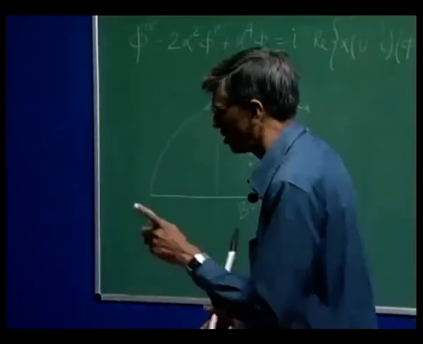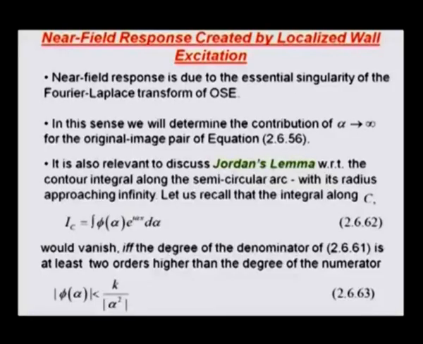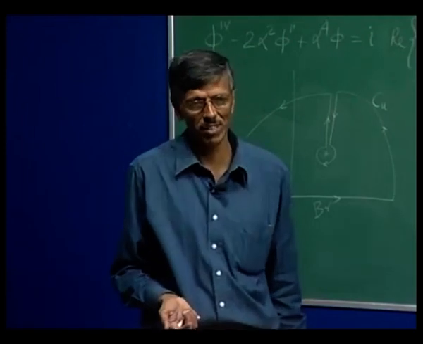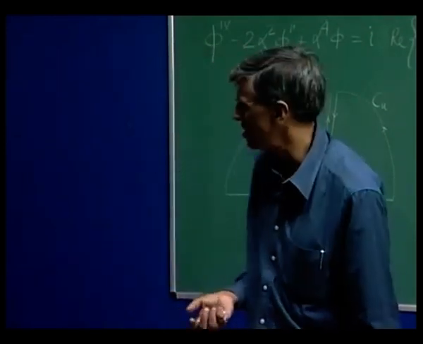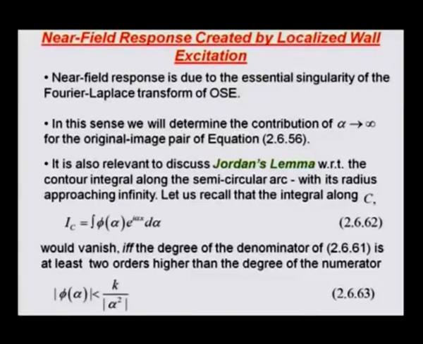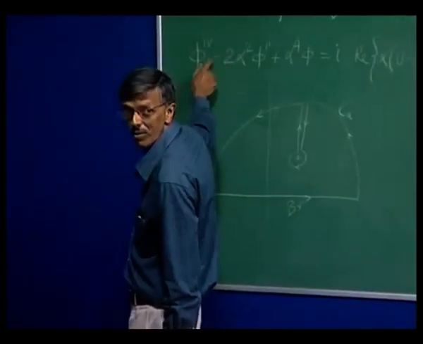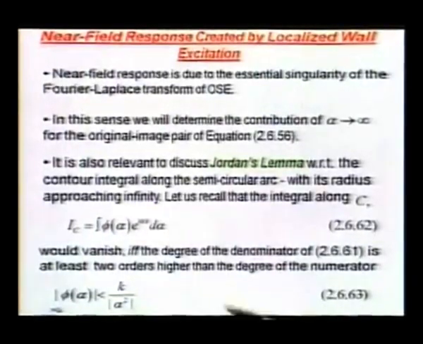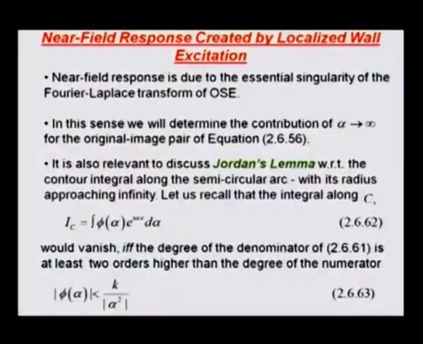If it is not, then you cannot show that Jordan's lemma is valid. So, the task is very simple for us to investigate. We need to figure out for our case, for the solution of the Orr-Sommerfeld equation phi of alpha as alpha goes to infinity, what is the order of the numerator or denominator?